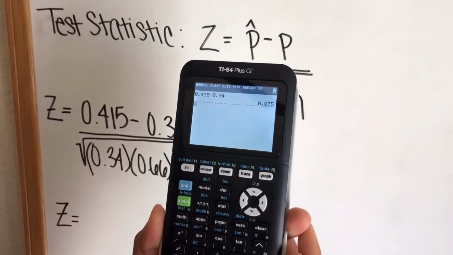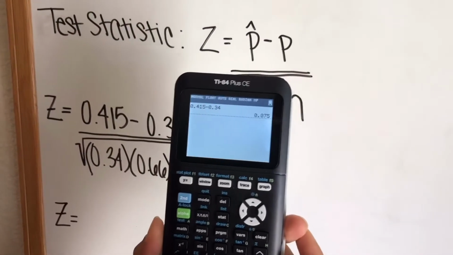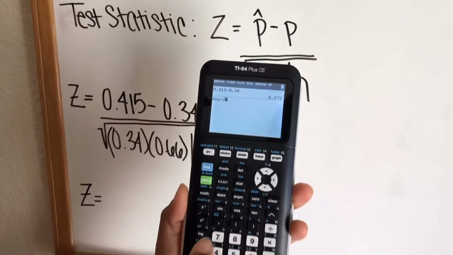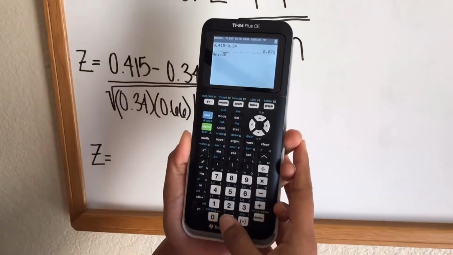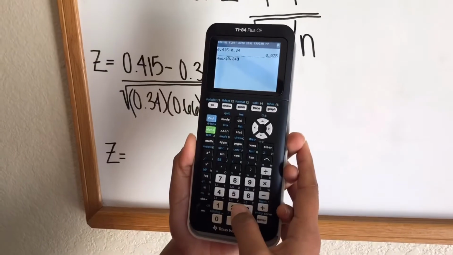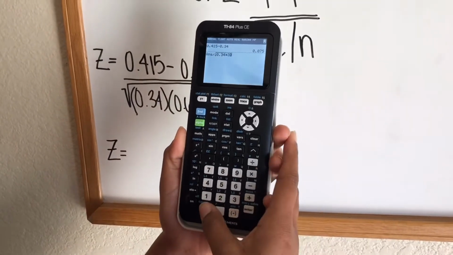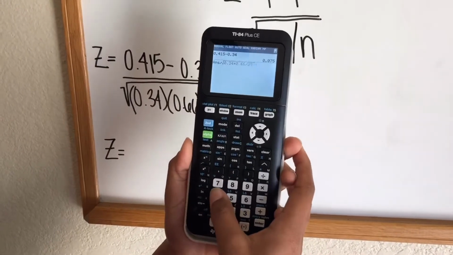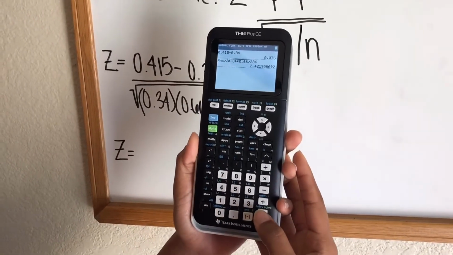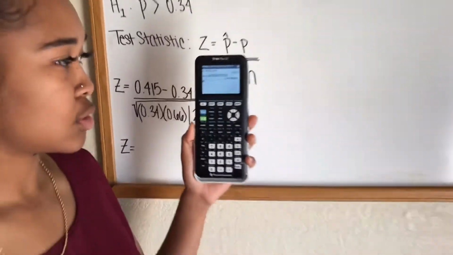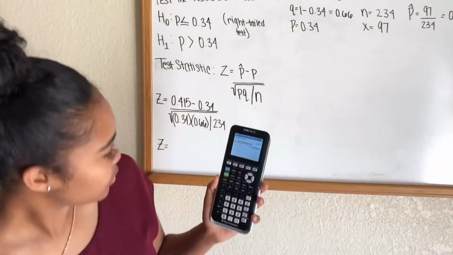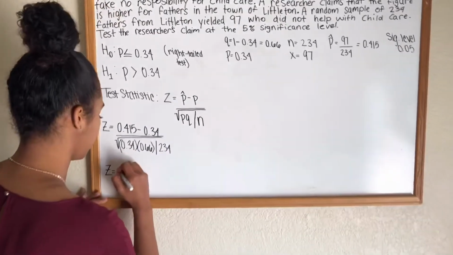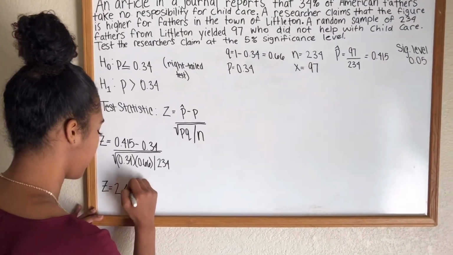0.34, and that will equal 0.075, and then we can divide that by the square root of 0.34 times 0.66 divided by 234, and then we will get 2.4219, but we're just going to write that in here, 2.42.